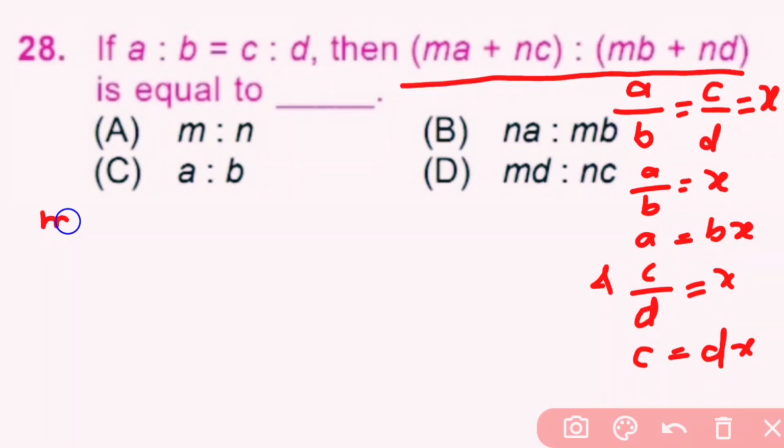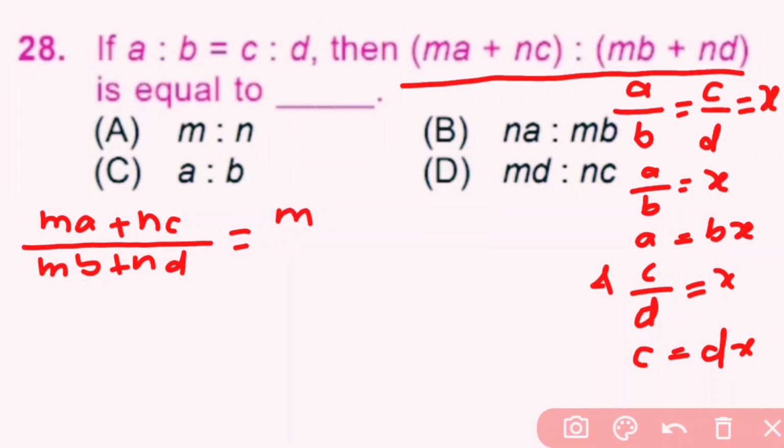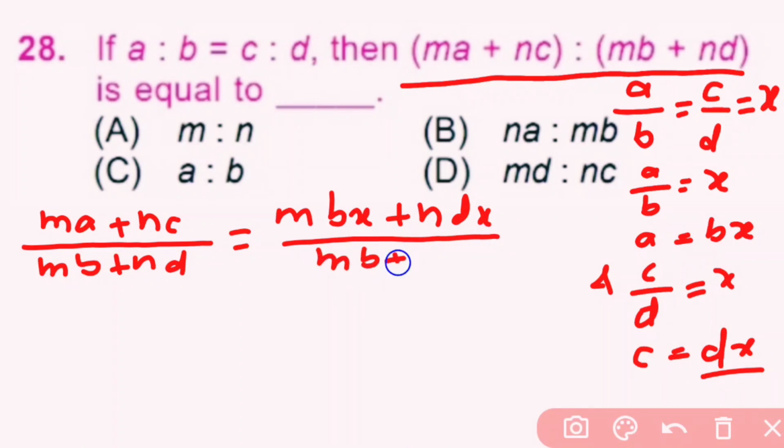Now we take this. Here MA plus NC is to MB plus ND is also written as this. So here we put BX instead of A, since A is equal to BX, and instead of C, we put DX. And down MB plus ND.